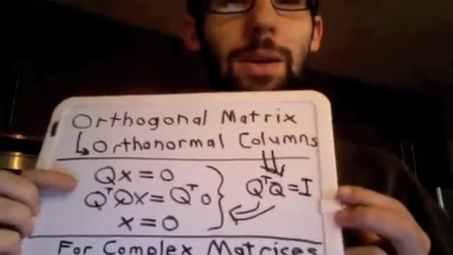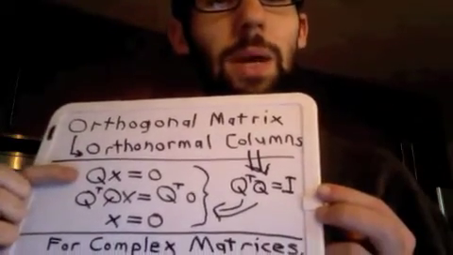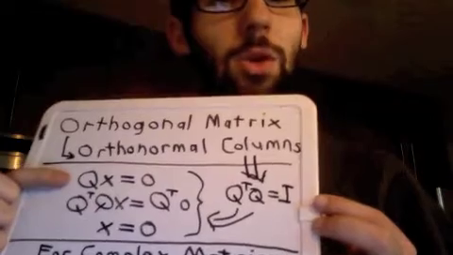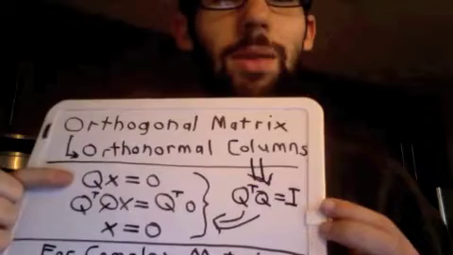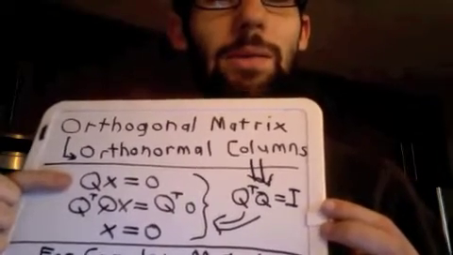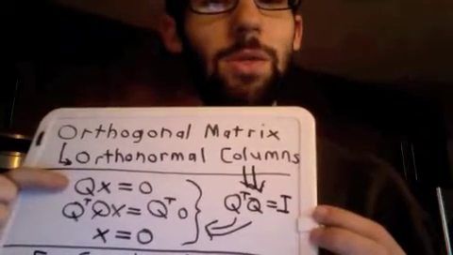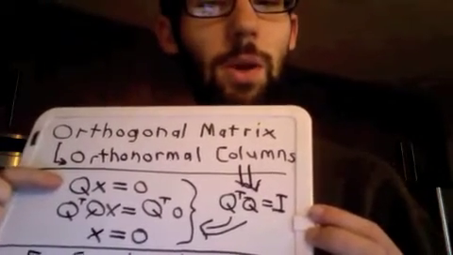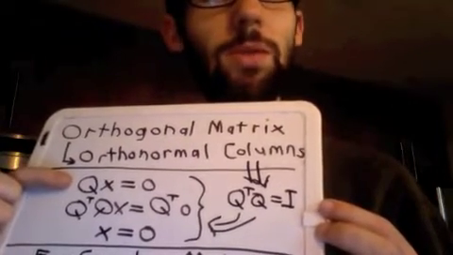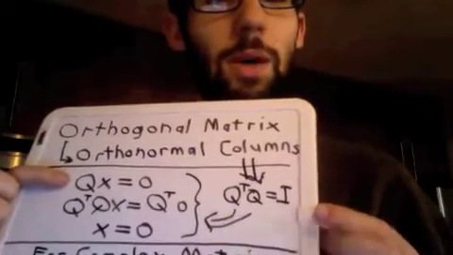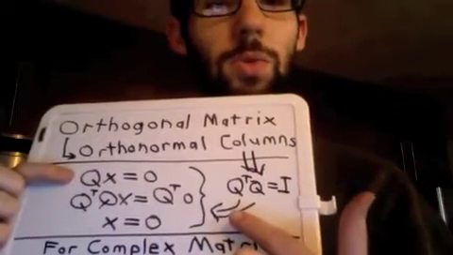The proof of that is we know that for the columns to be independent, that's like saying that the null space of the matrix is trivial, meaning that there's no non-zero x that will give us a solution to this null space equation. So in other words, the only x that will satisfy this equation, that Qx equals 0, is x equals 0 itself. And you can see by now, watching this video, how this property is used.